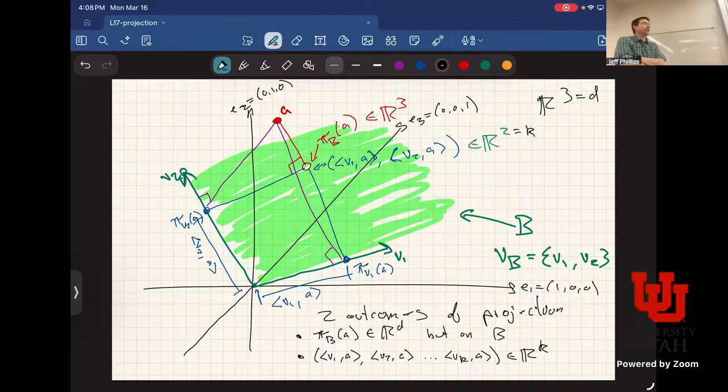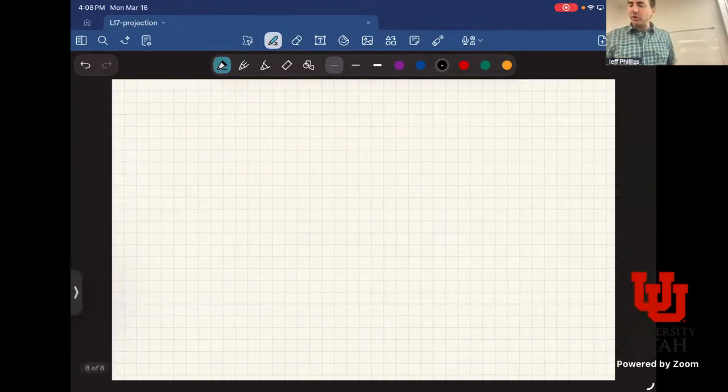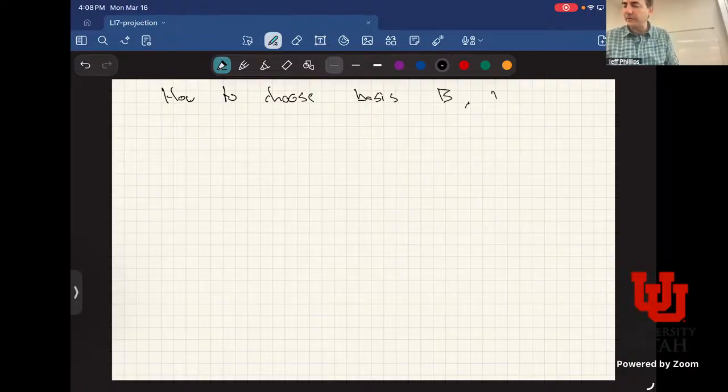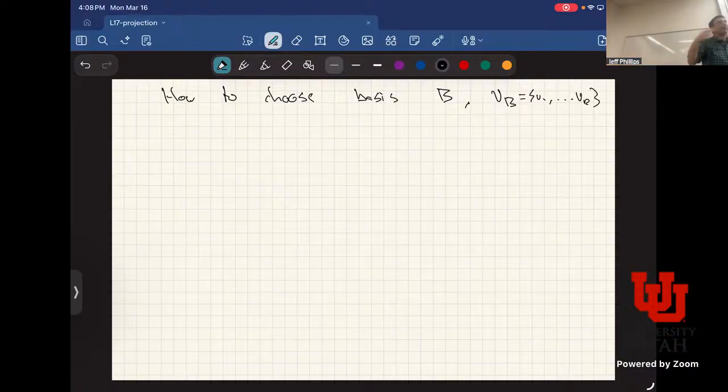So I've told you the algorithm to do the dimensionality reduction, but I haven't told you how to choose the basis B and its basis vectors V1 up to VK. We will not get to the algorithm until Wednesday, but let me tell you what I want those vectors to do.